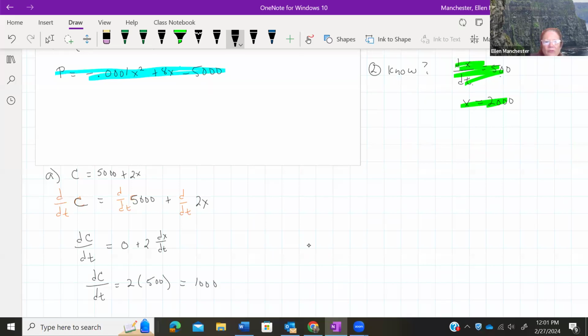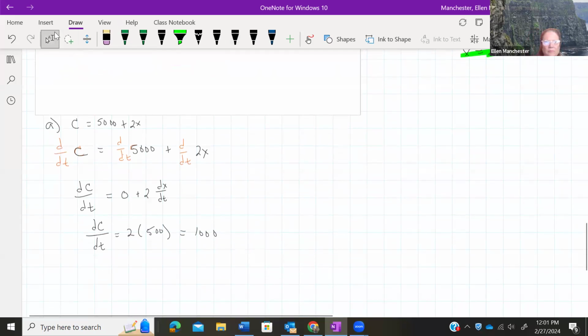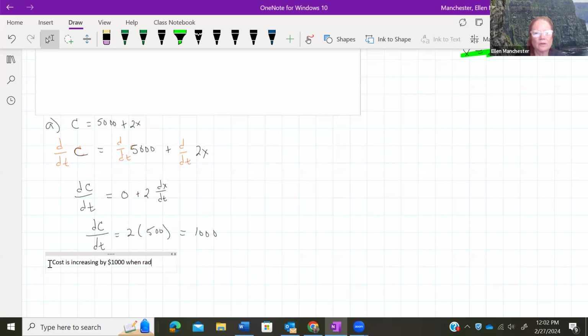So our cost is increasing by $1,000. Okay, so our interpretation is cost is increasing by $1,000 when radios are selling at a rate of 500 per week. Okay, there's your interpretation.